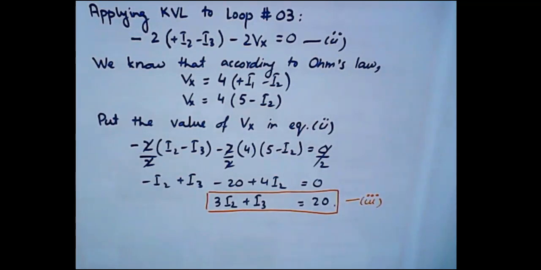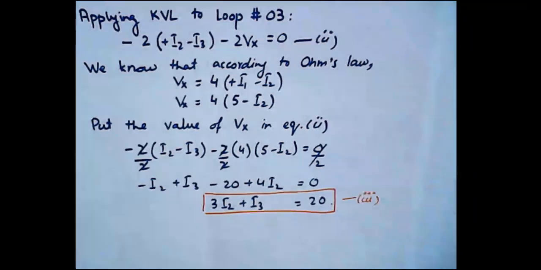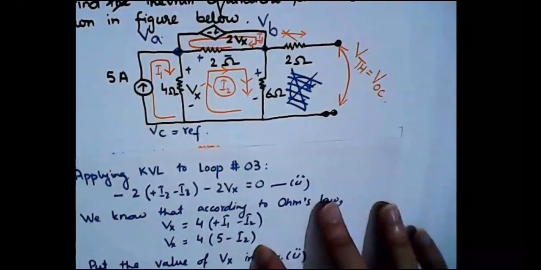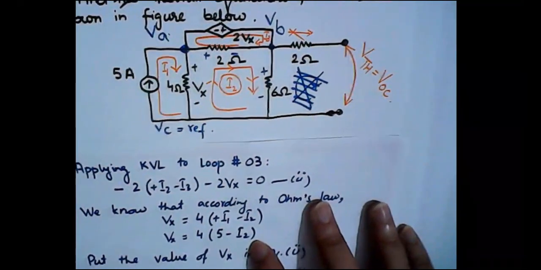Now what we need to do is find the value of VThevenin. This is the main circuit, right?